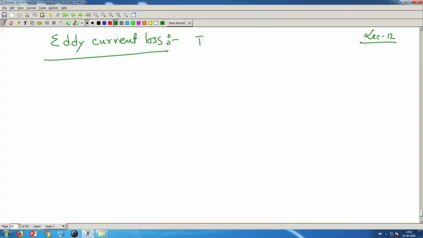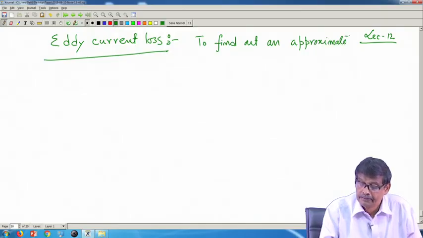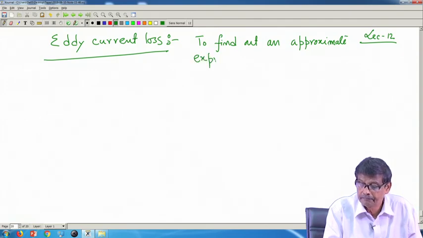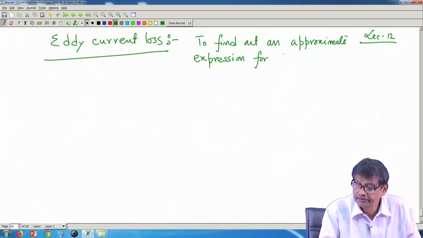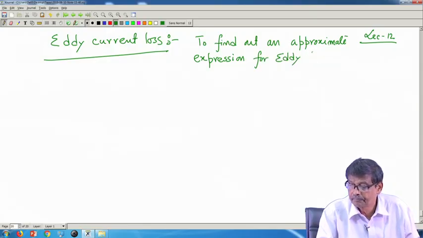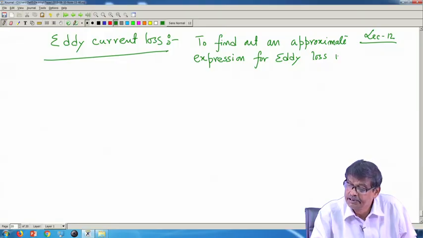Therefore, in this topic what I am going to do is to find out an approximate expression for eddy loss in a thin plate.